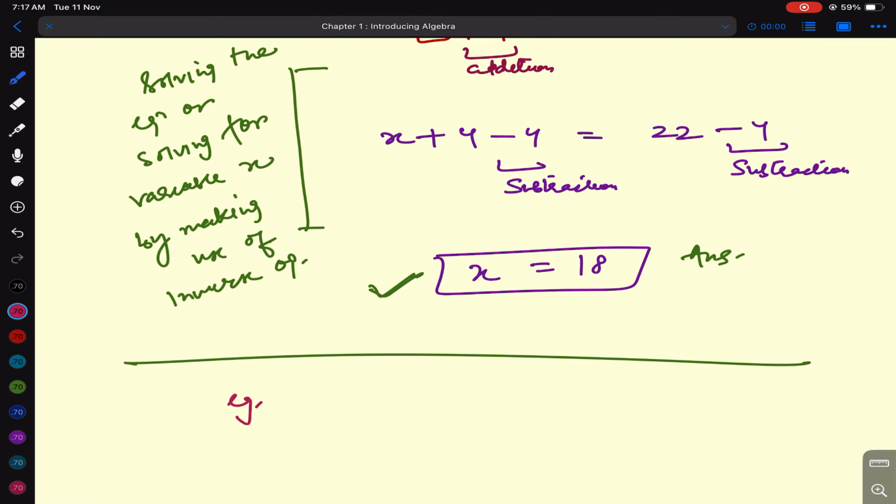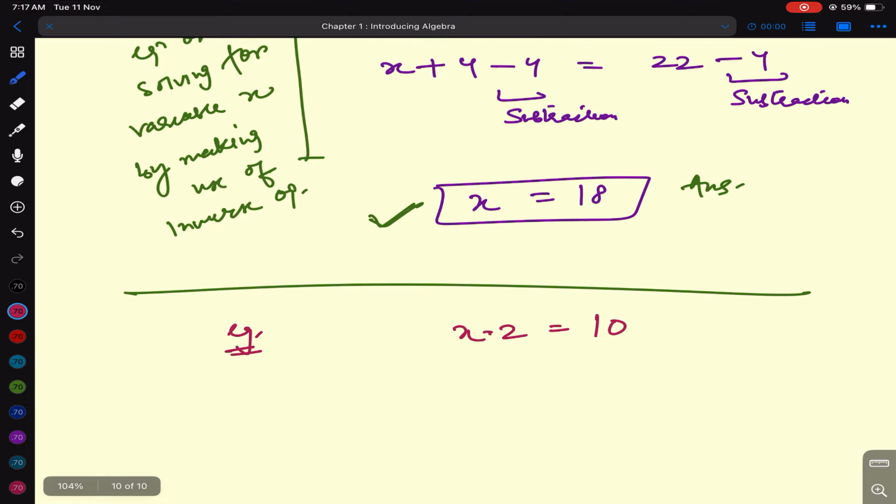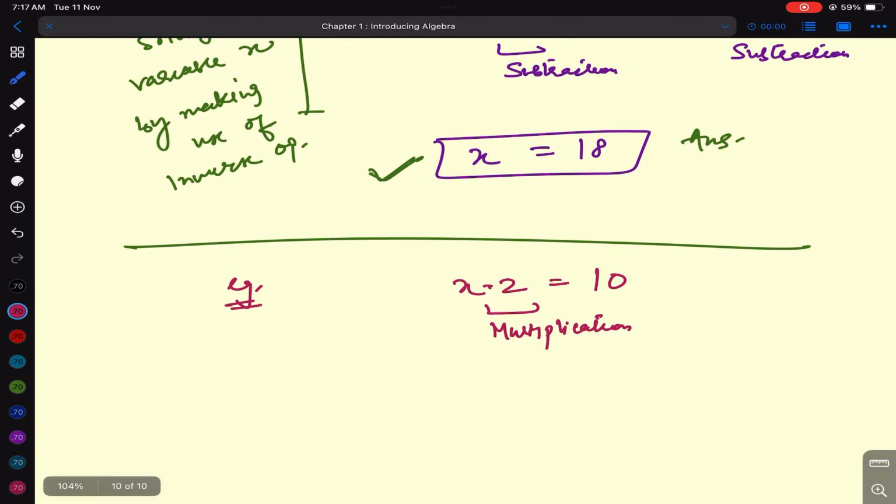x times 2 is given as 10. Now obviously there's a multiplication involved between x and 2, correct? And now we know that division is the inverse of multiplication. So we are going to divide by 2 on both sides, making use of division as the inverse operation. So I'm going to divide by 2 on both sides of the equation.